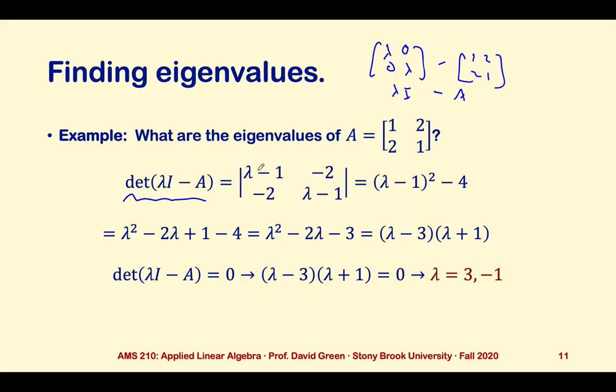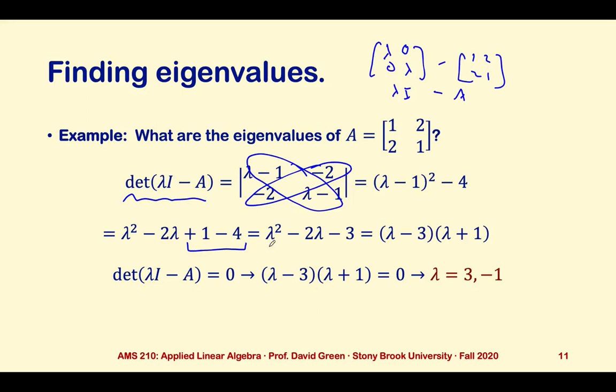This is a 2 by 2 determinant. We calculate this by multiplying the diagonal entries, lambda minus 1 squared, minus multiplying the off diagonals. Negative 2 squared is 4. And then we expand. Lambda minus 1 squared is lambda squared minus 2 lambda plus 1, minus 4. Group these two constants together into a negative 3.